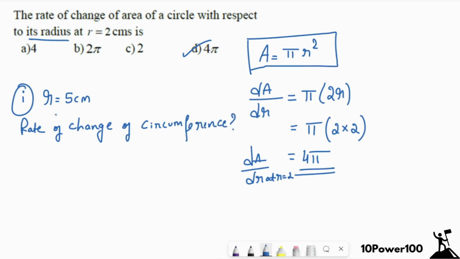There are two questions in this. One is to find dA by dr, the same way we did it, and the other is the rate of change of circumference. I'll give you the formula. The circumference of a circle is C is equal to 2 pi r. I want you to find dC by dr at radius equal to 5 centimeter, and comment your answers in the comment section.